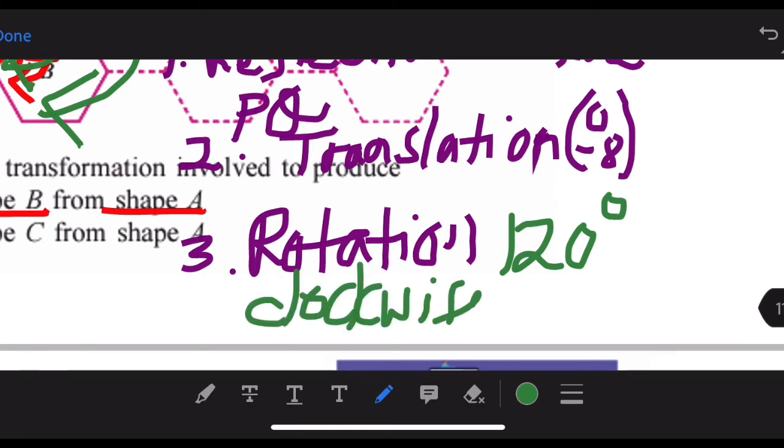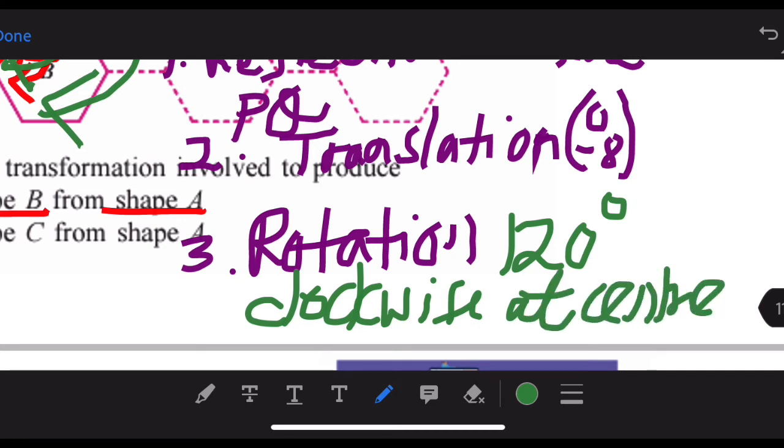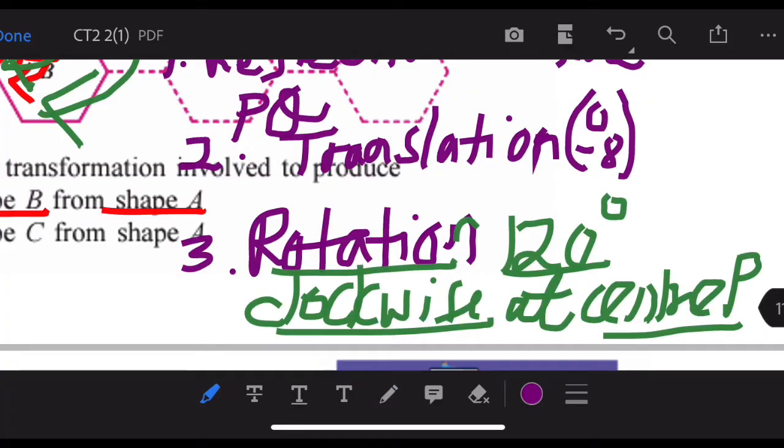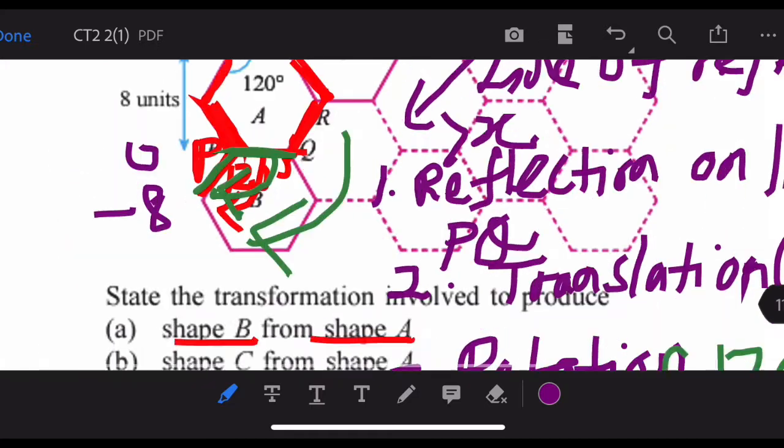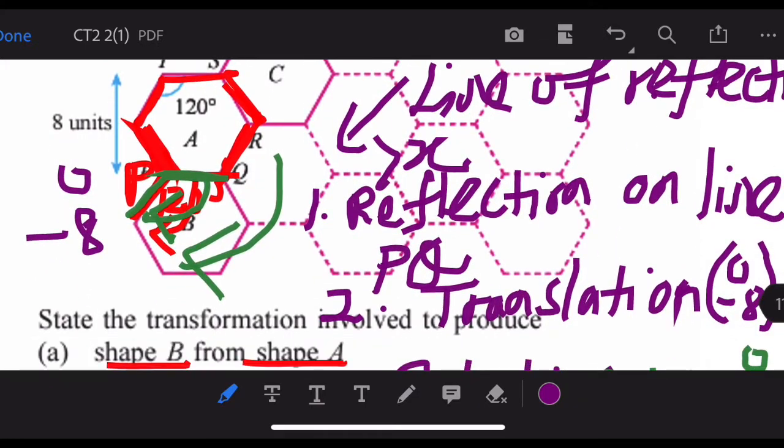Clockwise at center P. So we need to mention 3 important keywords: one is rotation, followed by 120 clockwise, center P. So this is how we transform A to B.